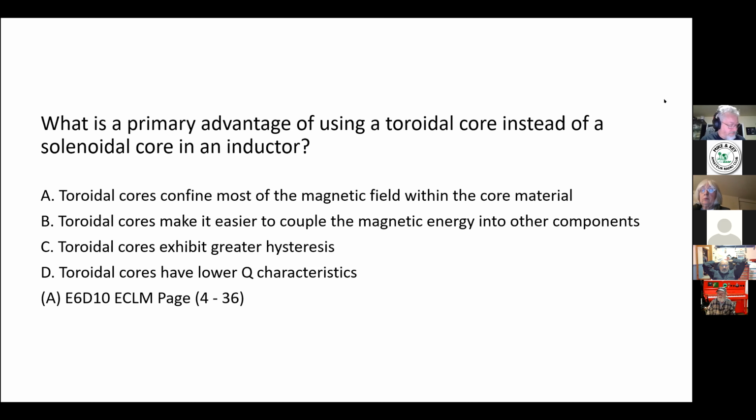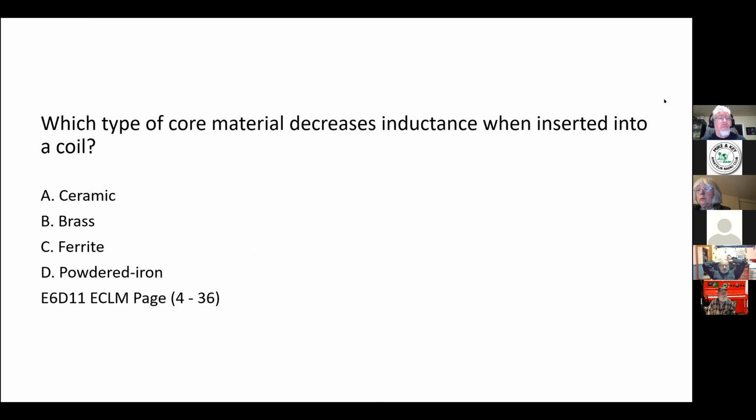If they explained it, then it's easy to understand. It's on page 436 down at the bottom. I wasn't sure if there was anything called a solenoidal core. Core-shaped toroids.